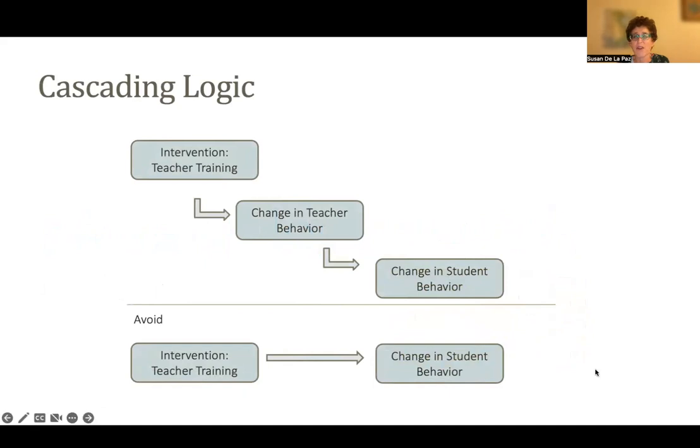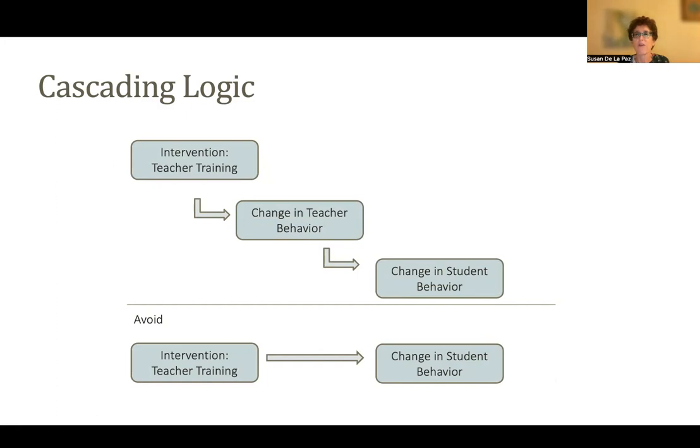All right. So the first point is that we want something called cascading logic. And that's on the top half of this slide. Cascading logic means we're recognizing that multiple things are happening. For example, there's an intervention, which is teacher training. And then after the intervention, there's a change in teacher behavior, and the change in teacher behavior is going to cause a change in student behavior.